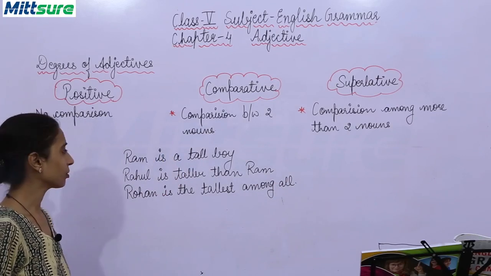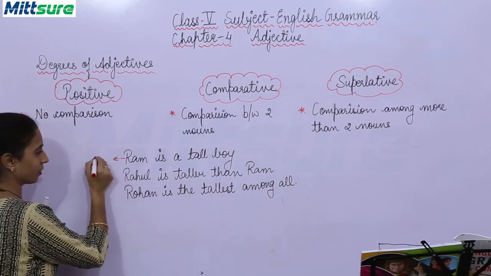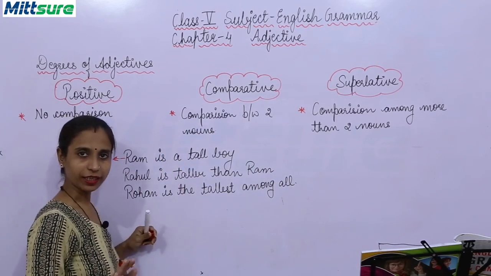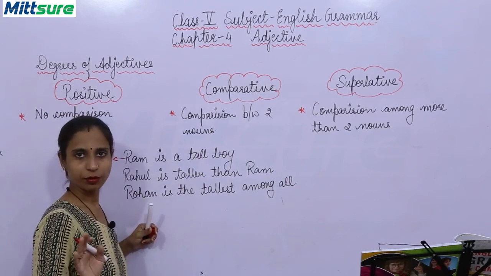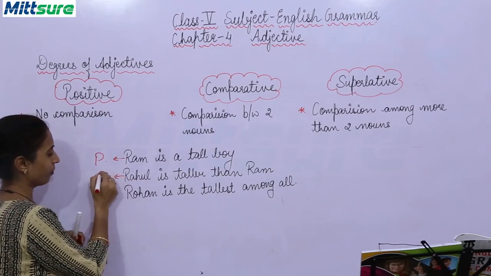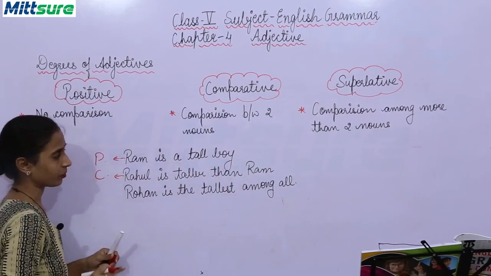Now just see that the first is a positive degree, there is no comparison. Ram is a tall boy, we have declared that Ram is a tall boy. There is no comparison with other boys. The second statement is of comparative degree. Rahul and Ram are compared.